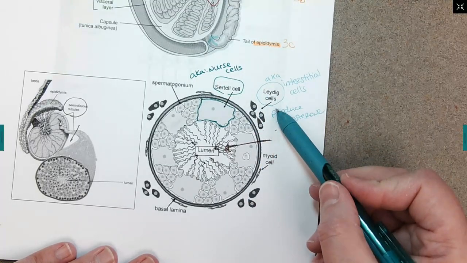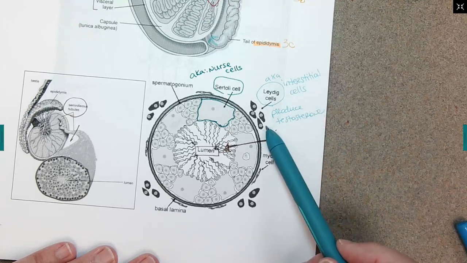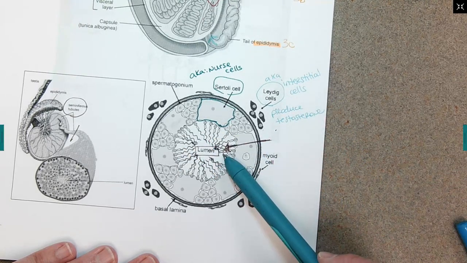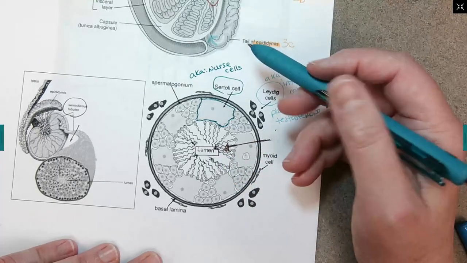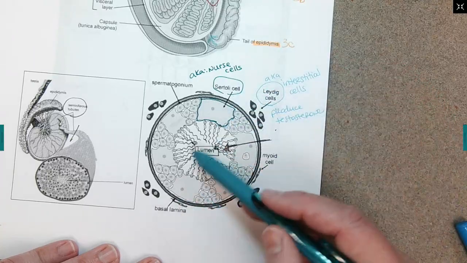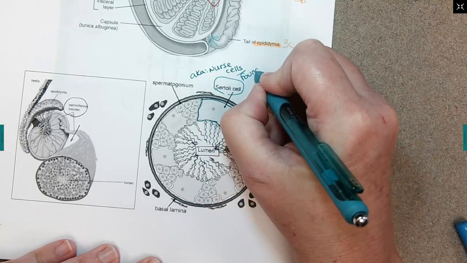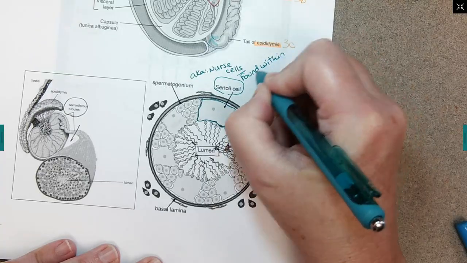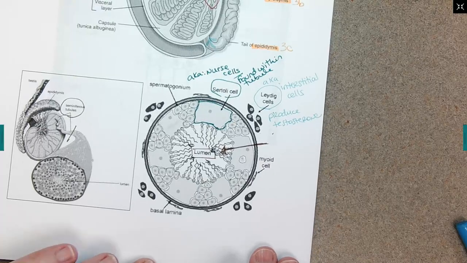Notice the Leydig cells are located outside in the interstitial space, right? They're not within the seminiferous tubule. They're on the outside of the seminiferous tubule. These Sertoli cells are located within the tubule. I'm just going to put tubule there. Hopefully you know that means seminiferous tubule.